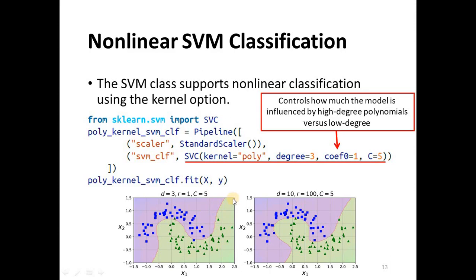This model is degree 3 and this model is degree 10 with higher coefficient 0 value. Here we have a more elaborate model. Here we have a less elaborate model. Usually you go to a higher degree if your model is underfitting, and you go to lower degrees if you have overfitting.